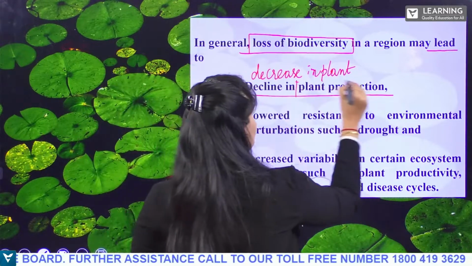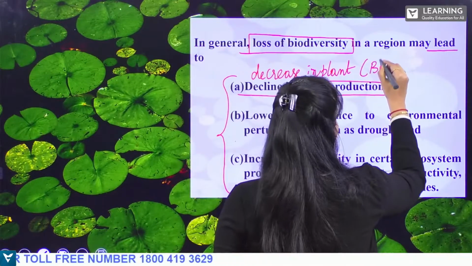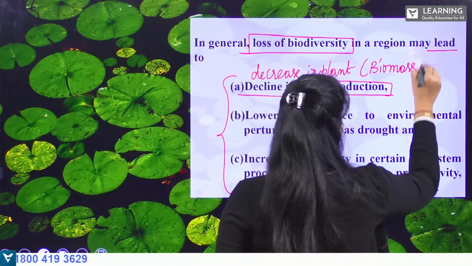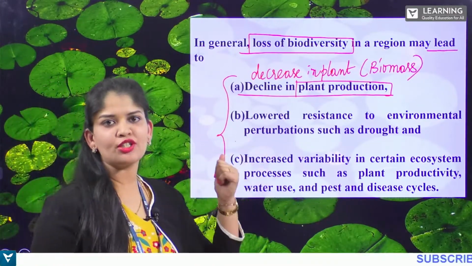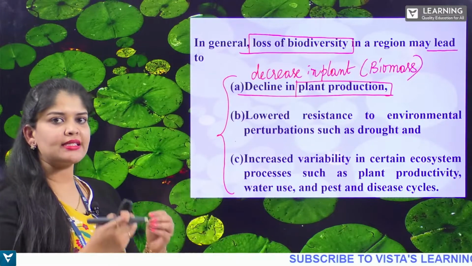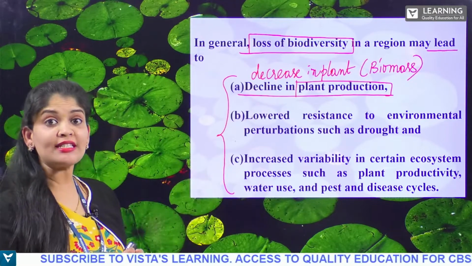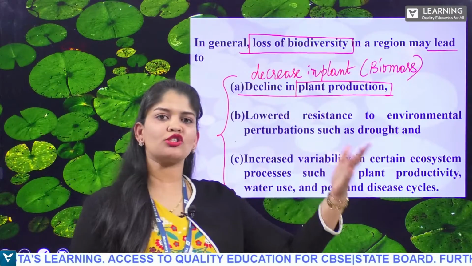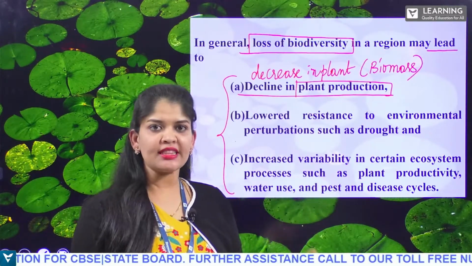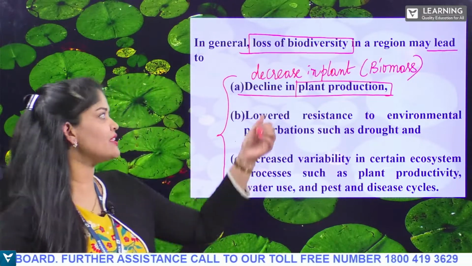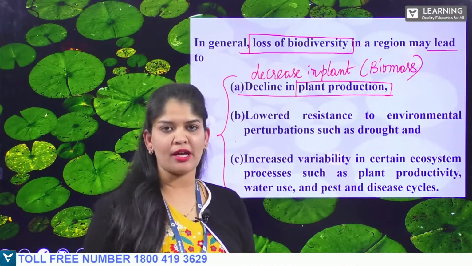Plant production is nothing but producing biomass, and this biomass is transferred to the next trophic level, from the producers to the consumers. As the plant produce declines, it is going to show its effect on the next trophic level, which is obviously going to be affected because the availability of plant produce has declined. And this decline in plant produce is just because of the loss in biodiversity.